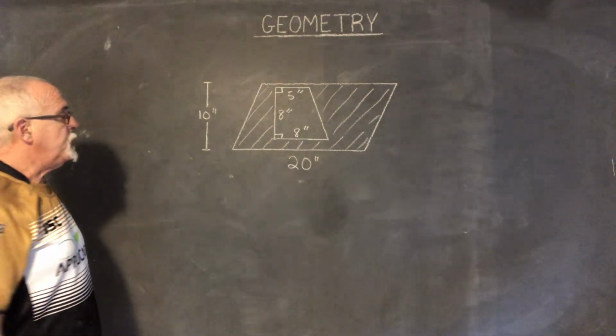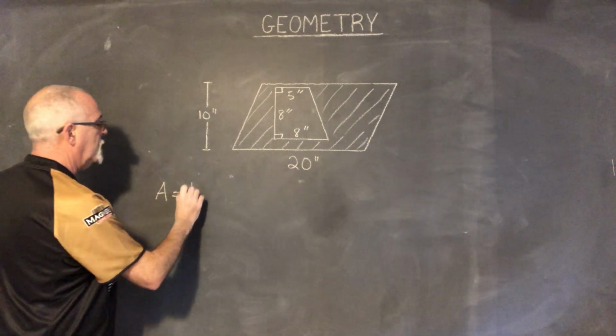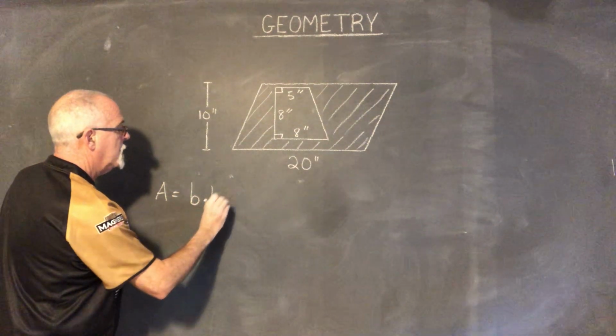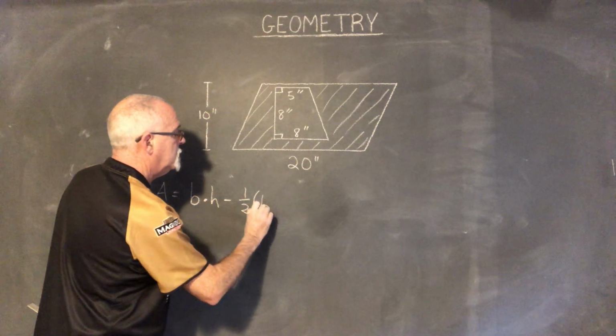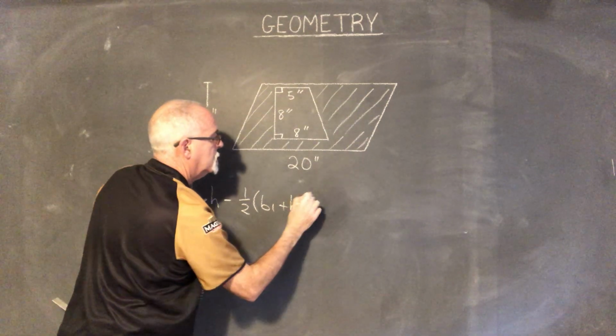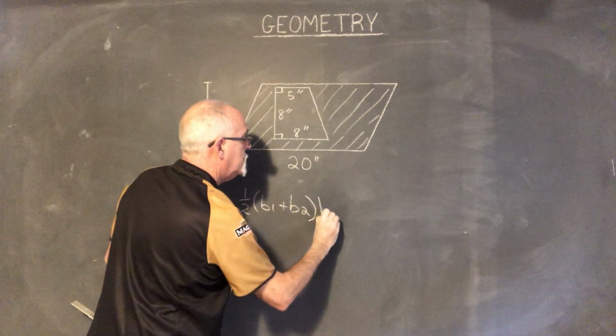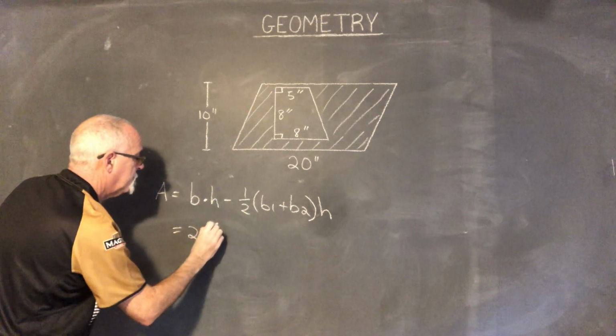We're able to do the composite shape. The area is going to be equal to the area of a parallelogram, which is base times height, minus the area of a right trapezoid, which is 1/2 times base 1 plus base 2, times the height. Base times height is 20 times 10.